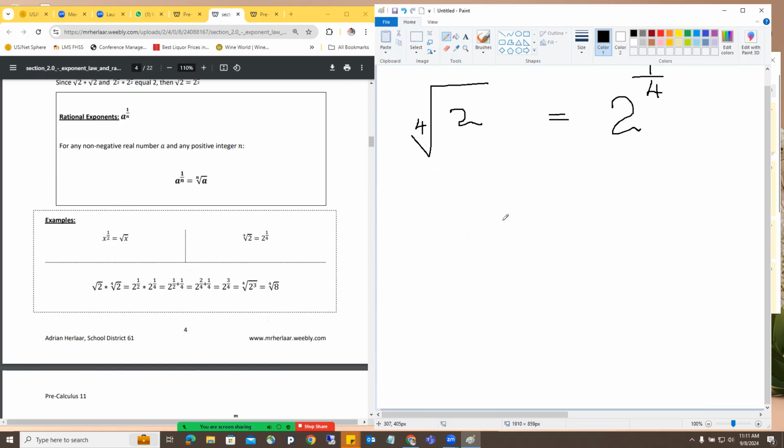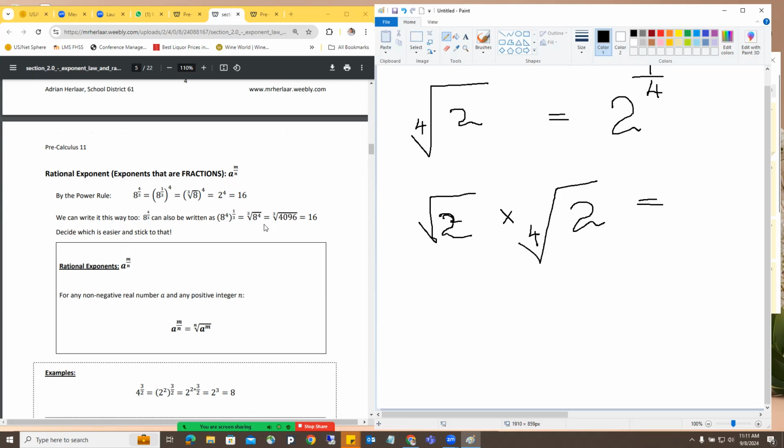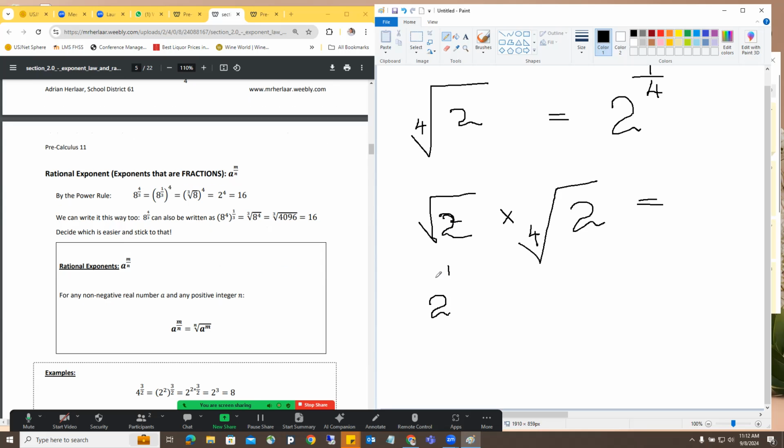That is it. Okay, if I give you this, square root 2 multiplied by this, what would be the final answer? How are we going to solve this kind of one? 2 to the power of half.